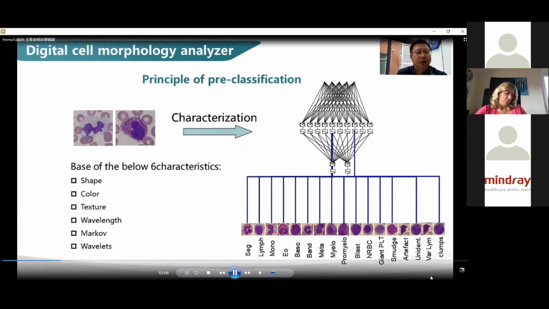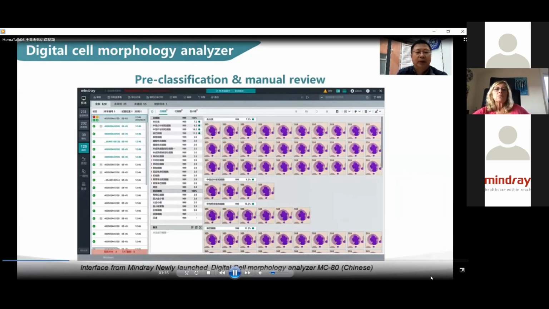For example, it can base on the following six characteristics, including the shape, the color, the texture, the wavelengths, the Markov, and the wavelets, and then characterize the cells according to the pre-classification, such as neutrophils, lymphocytes, monocytes, and also EO as well as baso. Let's now take a look at this digital cell morphology analyzer, including the pre-classification and the manual review.